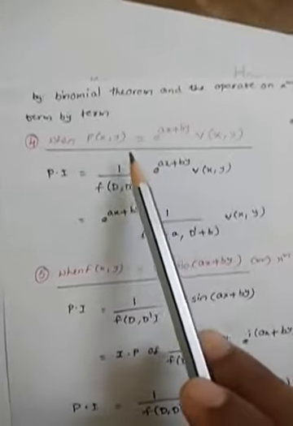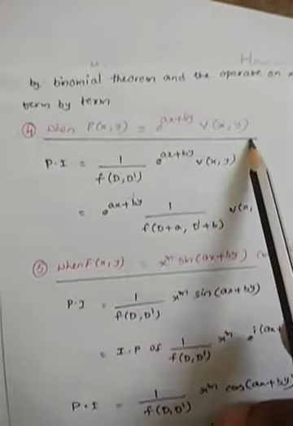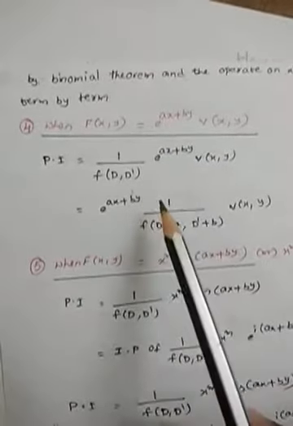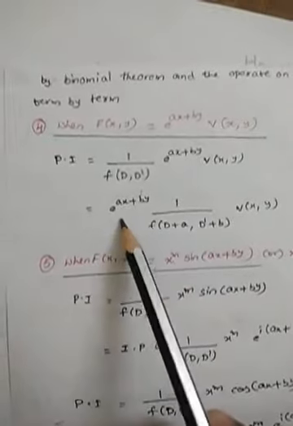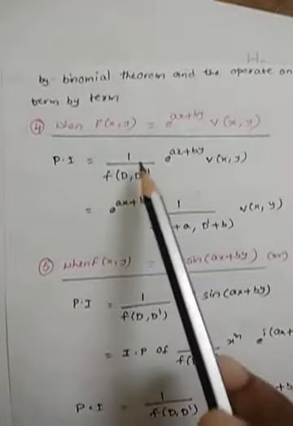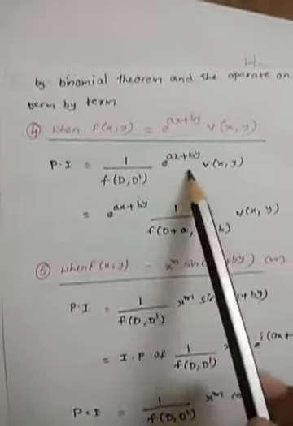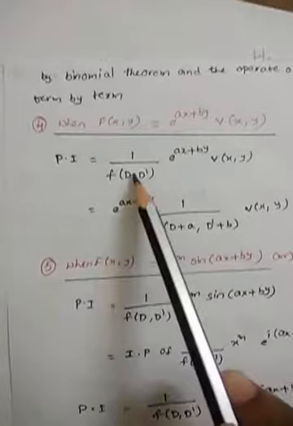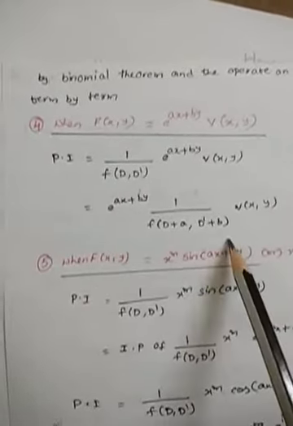In case 4, that is f of xy is in the form e power ax plus by into V of xy, that is the product of an exponential function. In this case, it reduces to the second or third case by taking the exponential function out before the operator 1 by f of DD dash. Whenever we take out the exponential function, just replace D as D plus a and D dash as D dash plus b.